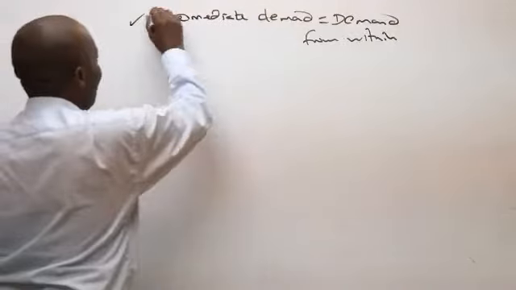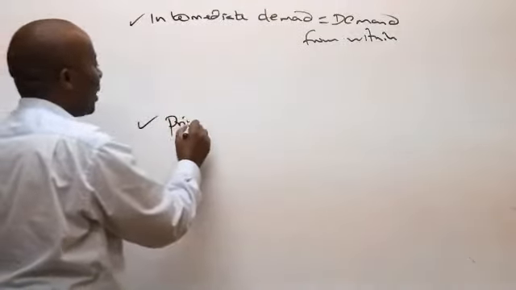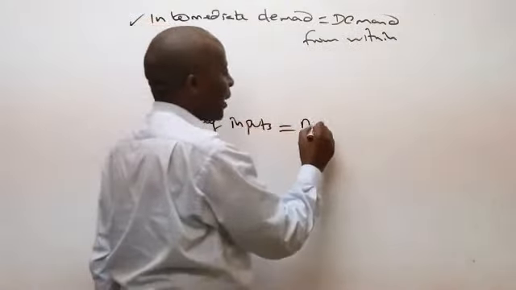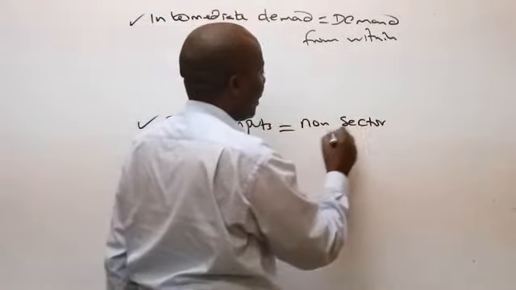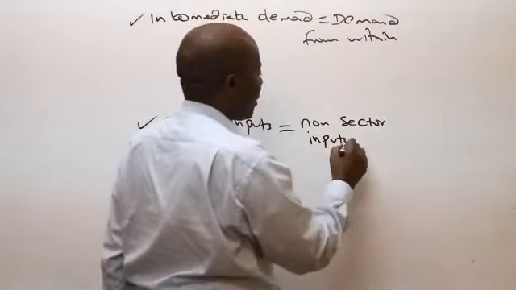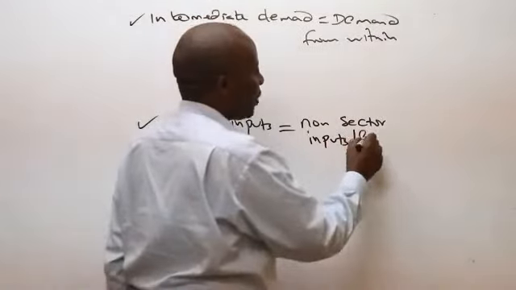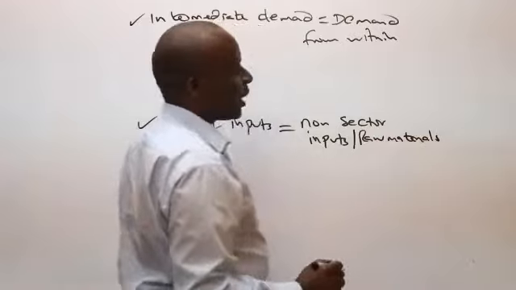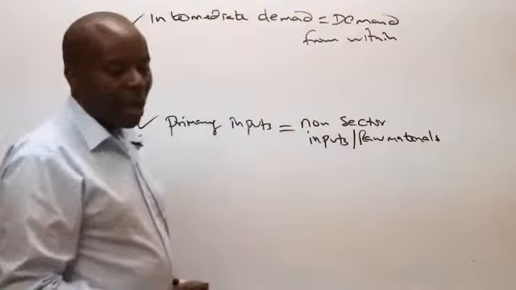And then we have the last one. If you check your past papers, you'll be able to see these definitions. The primary inputs. These are non-sector inputs. Non-sector raw materials. Those raw materials that can never be provided by any sector.